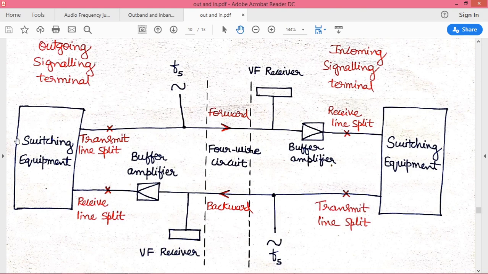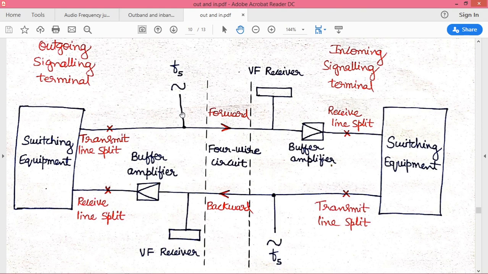We know the switching equipment gives the speech signal along with the carrier, and for this we need to add our control signal. Of course the frequency of this control signal will be inside the speech band, that is from 300 Hz to 3.4 kHz.